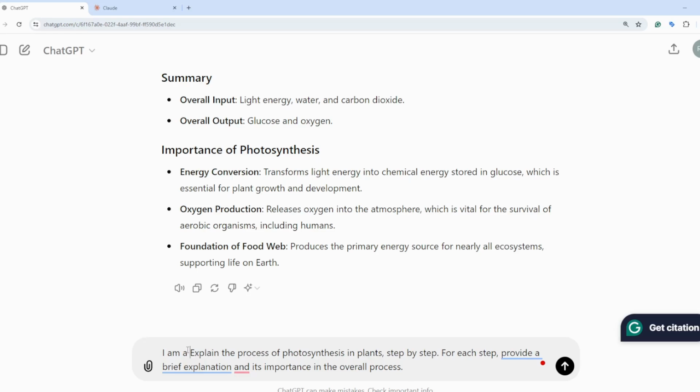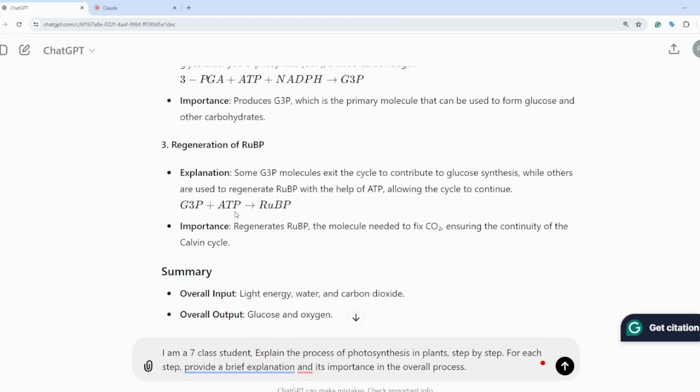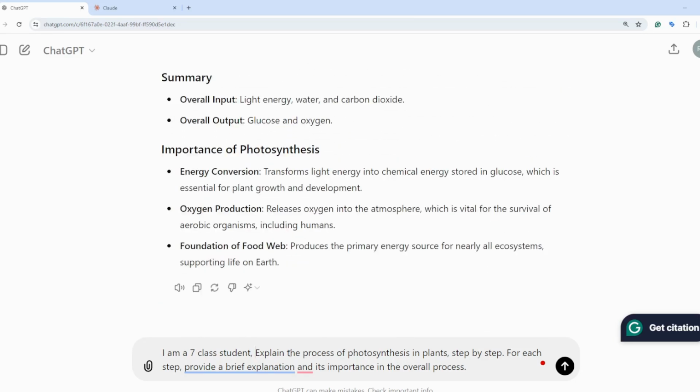I am a 7th class student. Explain the process of photosynthesis. Let's see if it is giving me equations like this, because for a 7th class they may not be relevant. Let's see.